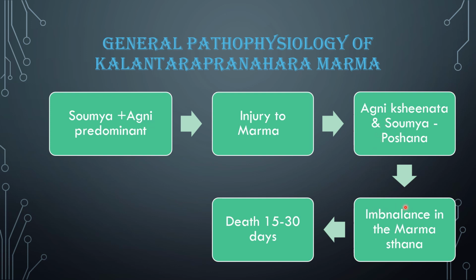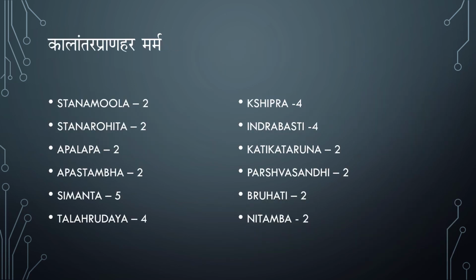Then there will be imbalance in the Marmasthana that leads to death in 15 to 30 days. The Kalantara Pranahara Marma numbers: Stanamula 2, Stanarohita 2, Apalapa 2, Apastambha 2, Simanta 5, Talahrudaya 4, Kshipra 4, Indrabasti 4, Katikataruna 2, Parshvasandhi 2, Bruhati 2, Nitamba 2 in number.